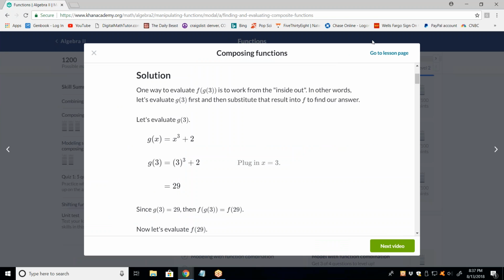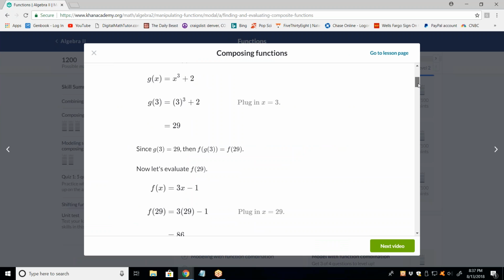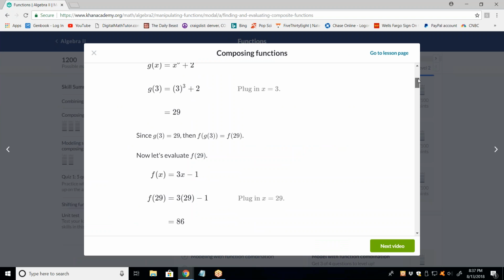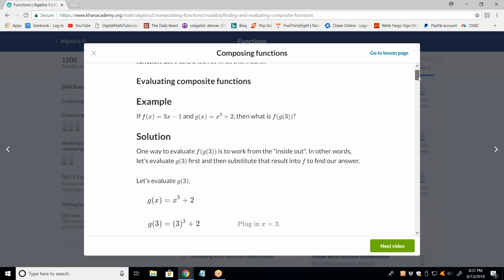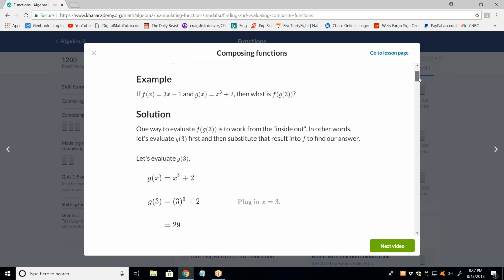Let's look at some of their problems here. So when we see a problem f of g of 3, we want to work from the inside out.